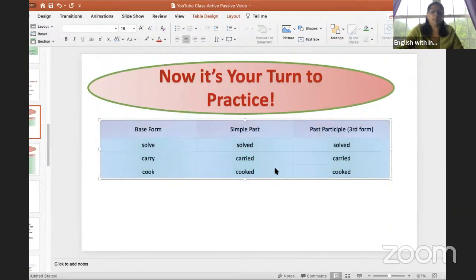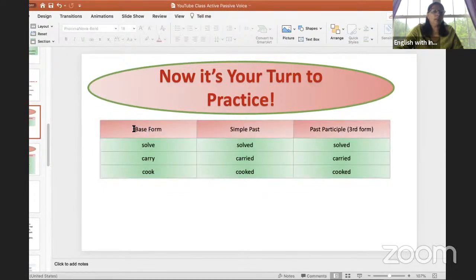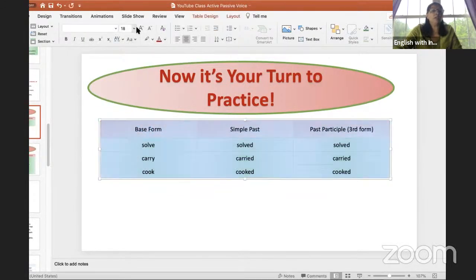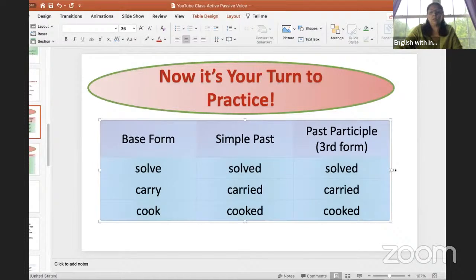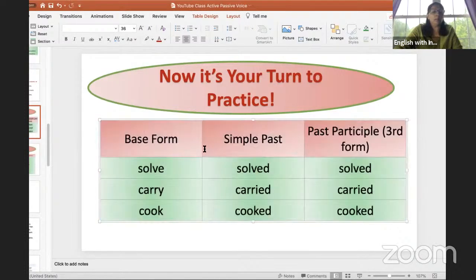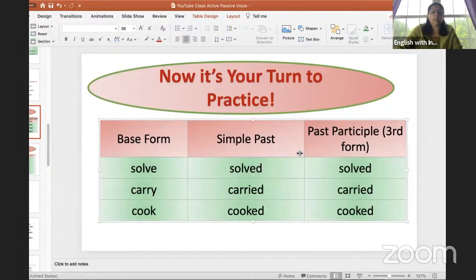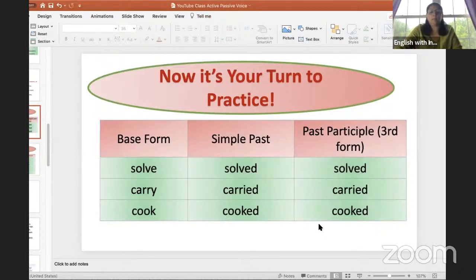Then I will change the fonts. Now you will be able to see these words, right? These words are now bigger. So you can see these 3 words. If you want to use these, you can, and then we will move on to the next one.